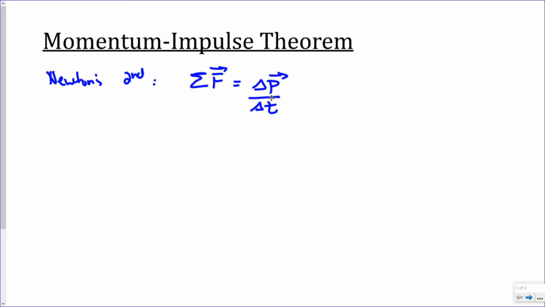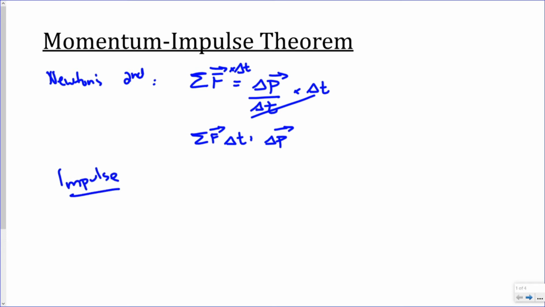If I rewrite this, I can multiply both sides by the change in time. So this will cross out here. What we get is the net force times time gives us the change in momentum. And this is a useful thing to write because it leads us to something called impulse.